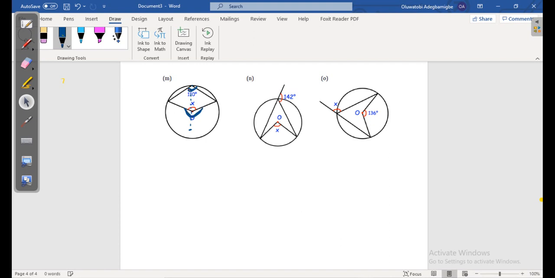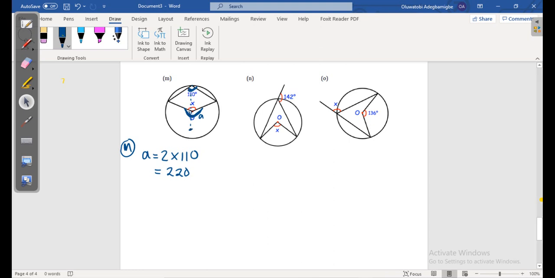Which is A. So that's A is 2 times 110, which is 220. Please note, X is not the angle at the center. A is the angle at the center for this particular circumference, because the circumference is here, and if you trace that line and it stops here, the reflex is closer.